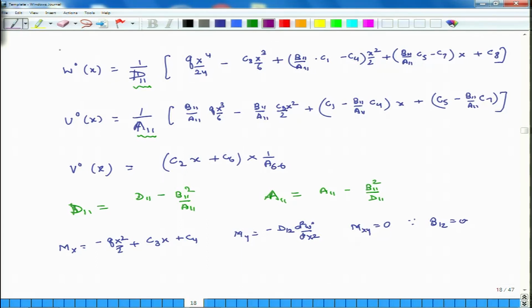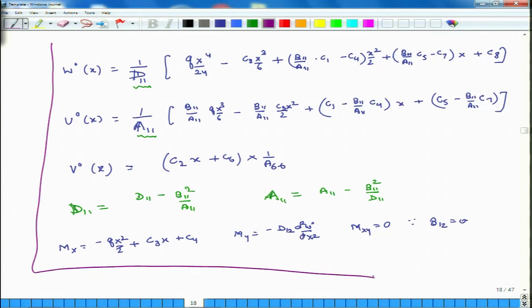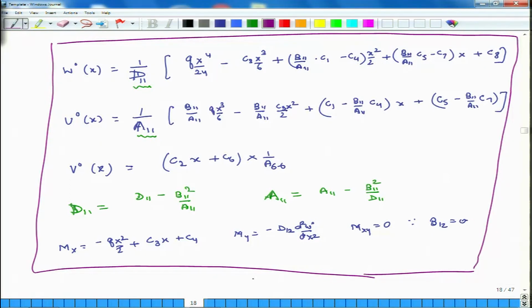So, this is the solution for both cases. This is the solution for case C and case D, because we have not implemented the boundary conditions so far. So, this is the solution which is common to cases C and D. Once again, this solution has a lot of unknowns c1, c2, c3, c4, c5, c6, c7 and c8, and those 8 unknowns will be computed once we start implementing the 8 different boundary conditions.